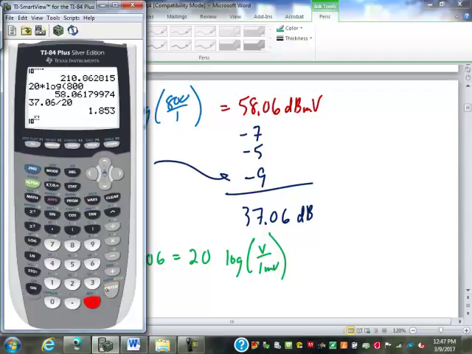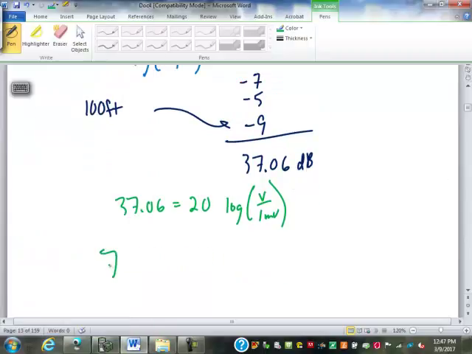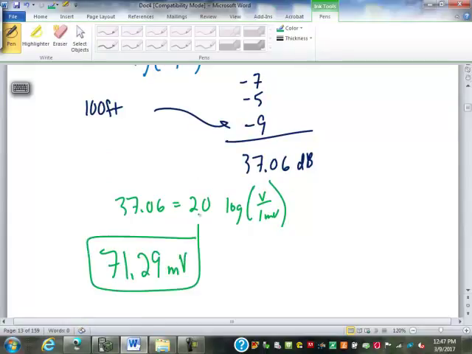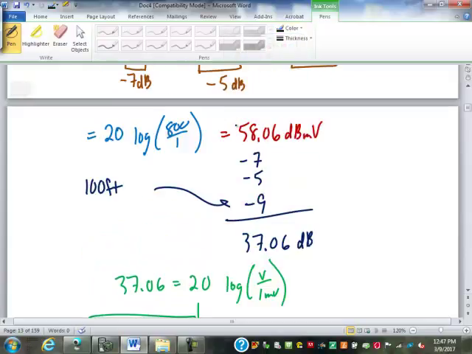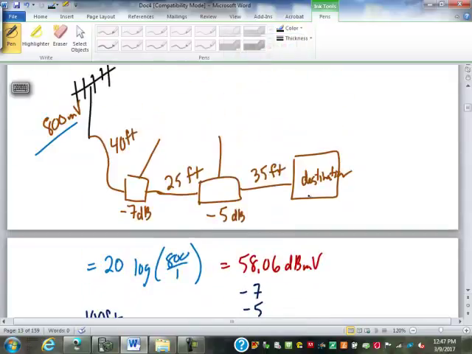You got it. 71.28, 71.29 looks like. Is the signal strength. Let's say that this device here requires a minimum of 100 millivolt signal.